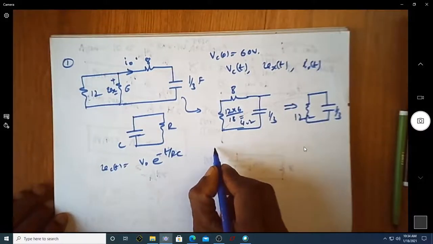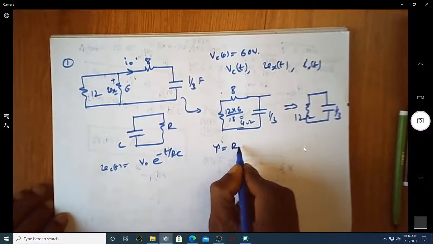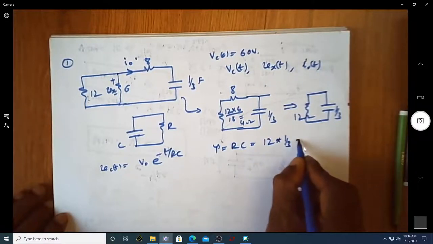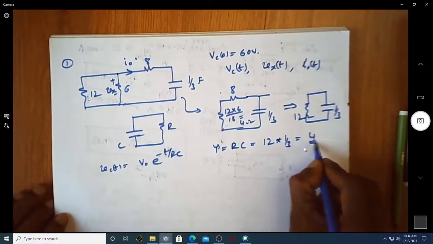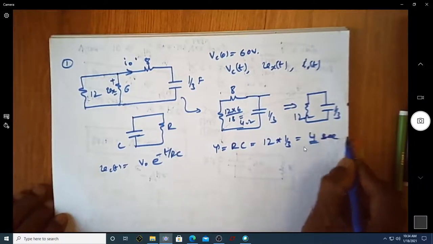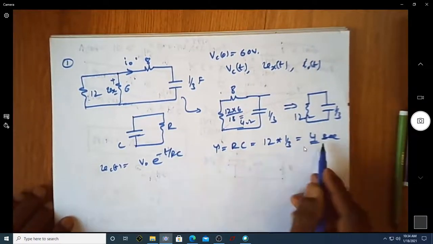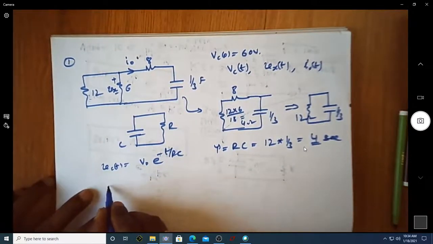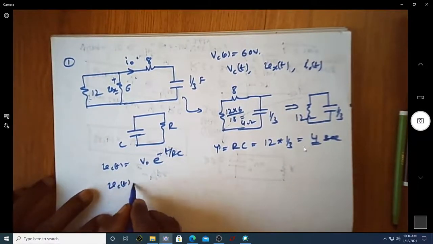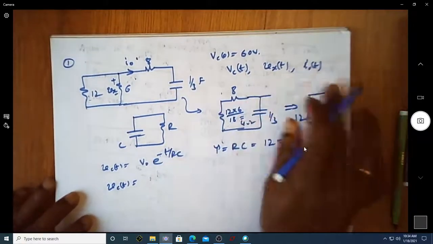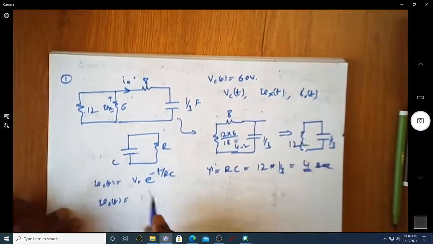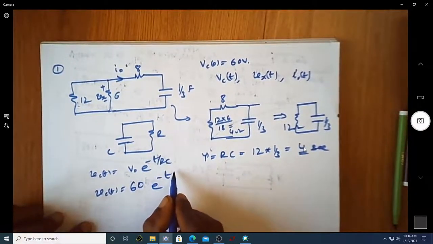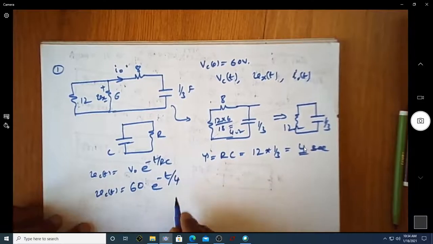Now I can find the value of tau, which is nothing but RC, equal to 12 into 1 by 3, which is 4. So the value of tau is 4 seconds. Now let us get the expression for Vc of t, which is V0 e power minus t by RC. V0 is the initial voltage across the capacitor, which is 60, and RC is 4.